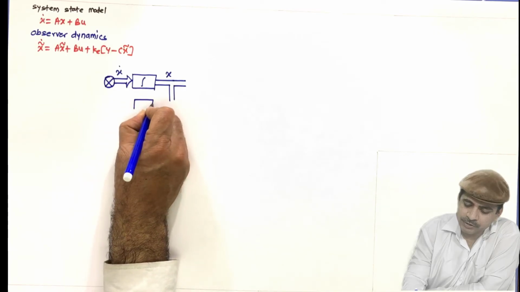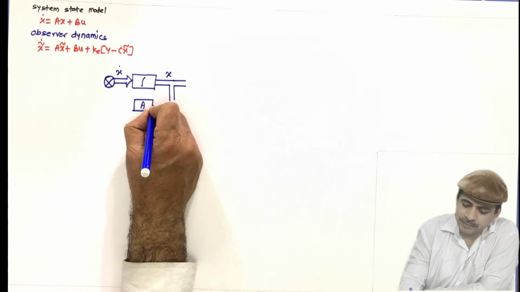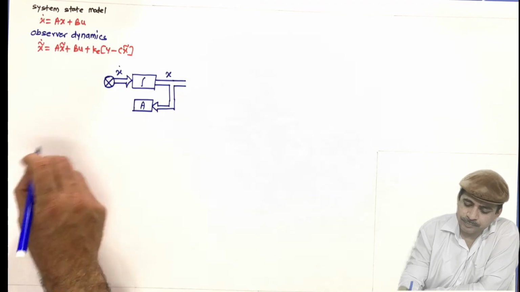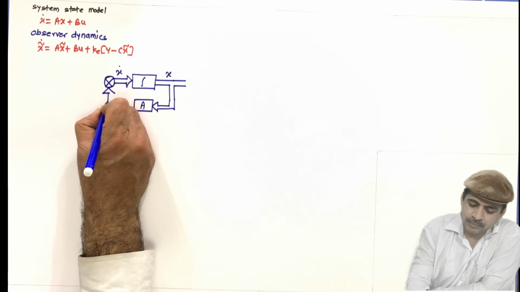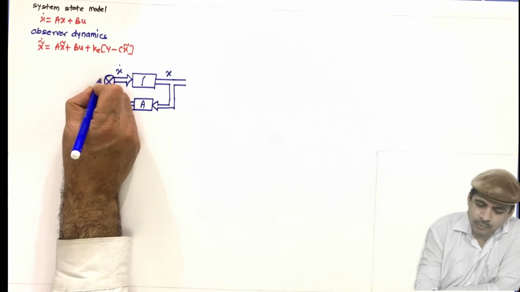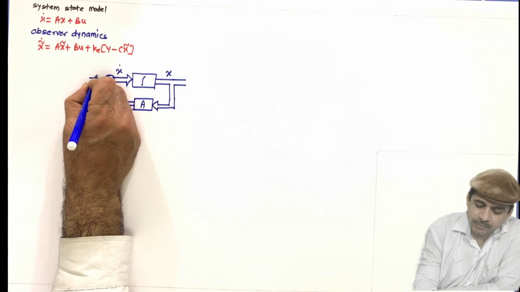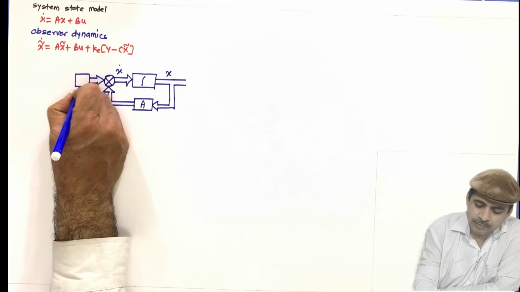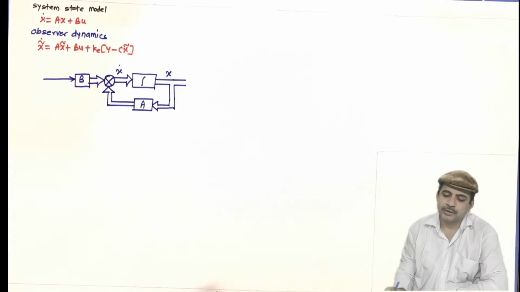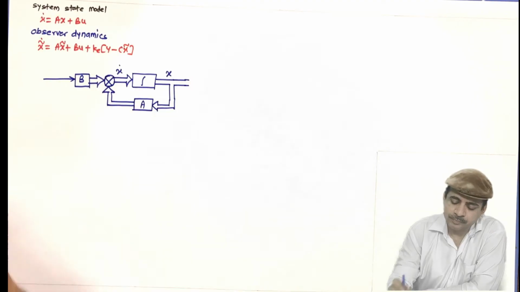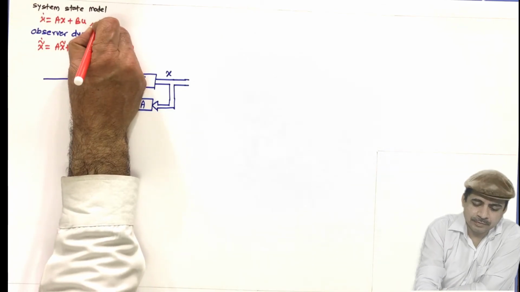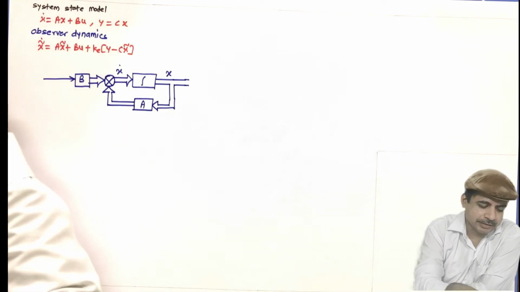So here I will have the system matrix A plus bu, and we are doing it for single input single output system, so there will be single input, and y is equal to cx also I will get here.